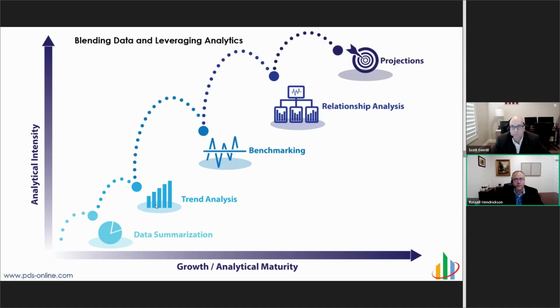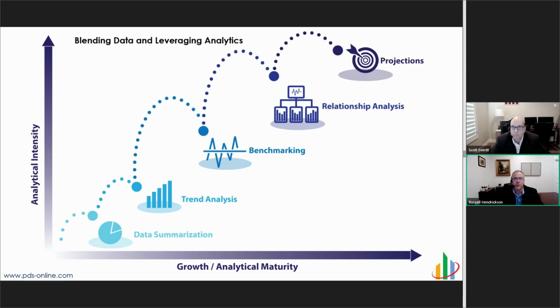They're the lower levels of analytical maturity. Where we get into harder levels of applying analytics to the practice of healthcare, we have a bigger leap to benchmarking or building relationships between data. That's what we really mean by blending data. And ultimately, when we build relationships, we can even start to project performance improvements or look for ROI. So that's what we're going to be talking about today.